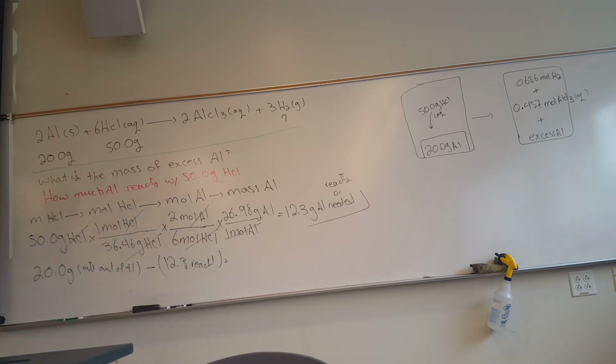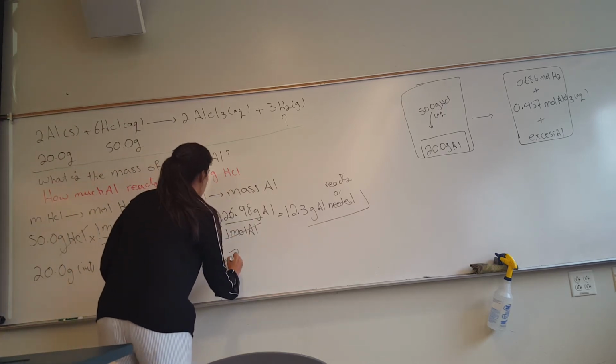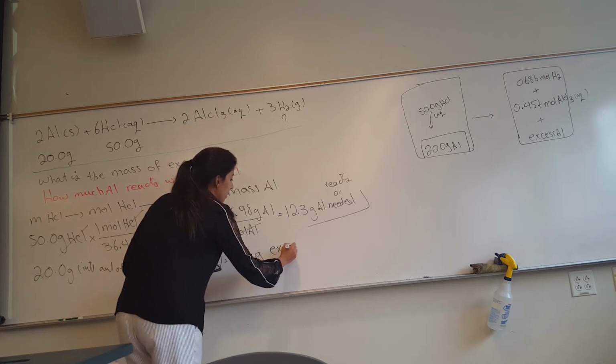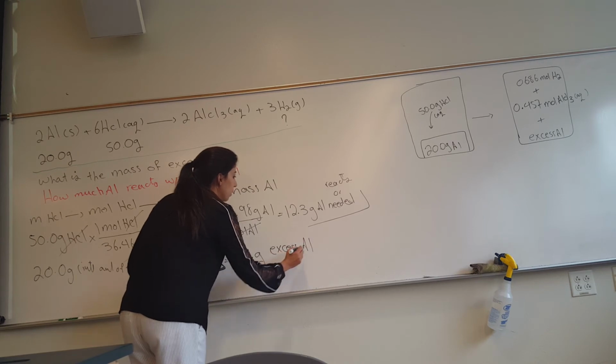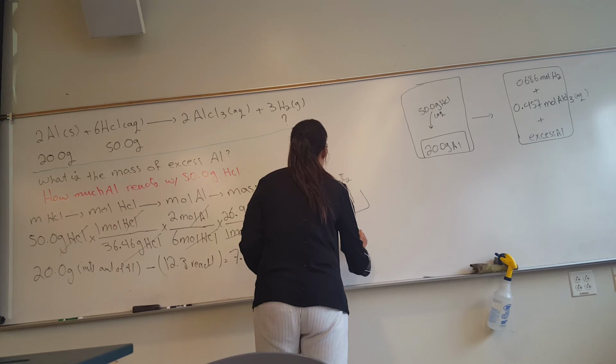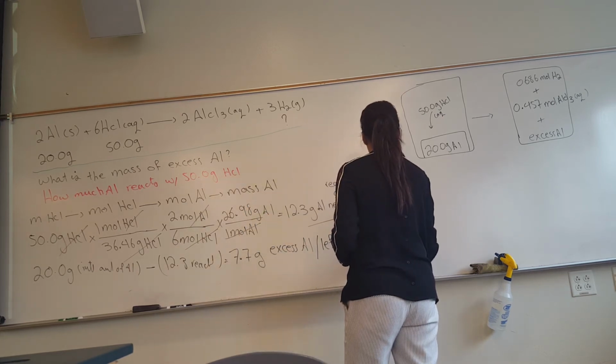That gives you the excess aluminum, which is 7.7 grams. Now this is 7.7 grams of excess aluminum, or you call this leftover aluminum, or you call it unreacted aluminum.